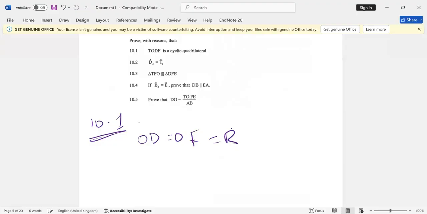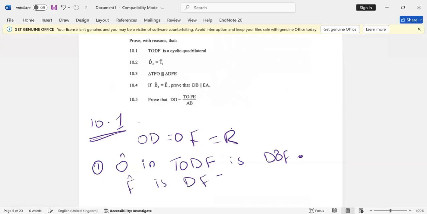So O3 is 90 degrees. So in TODF, the first point we say that angle O in TODF is DOF, and angle F is DFT.